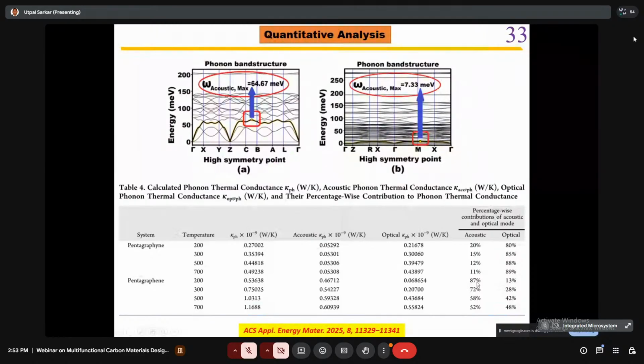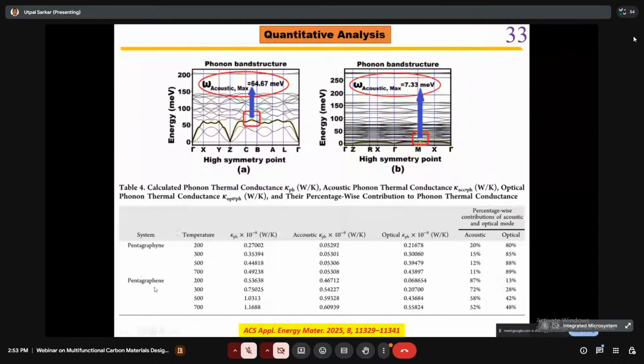The same is occurring here also. The trend is the same, but the acoustic mode is contributing less in the case of pentagraphene, whereas the optical part is contributing most, and the calculated values are this much.